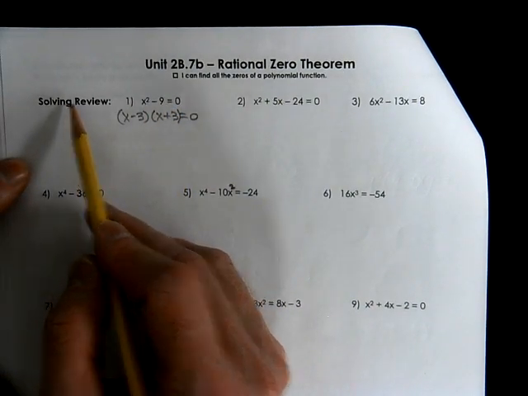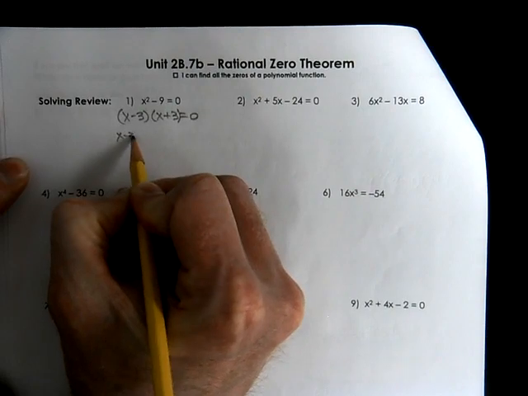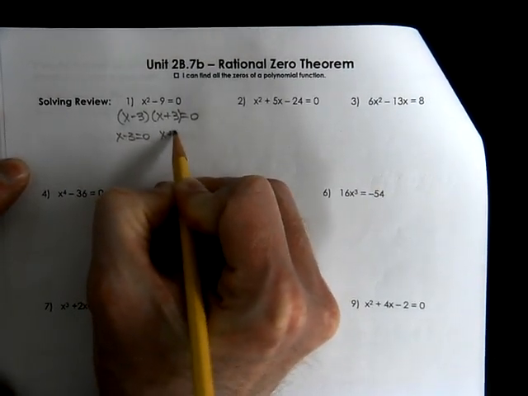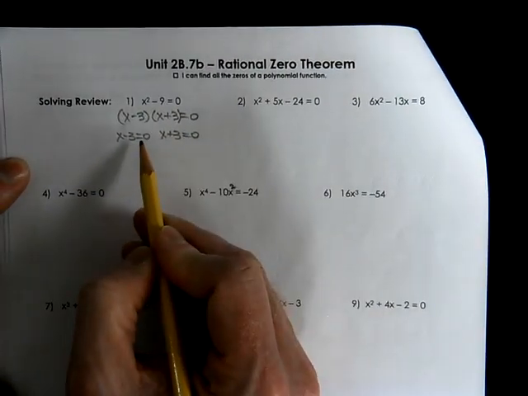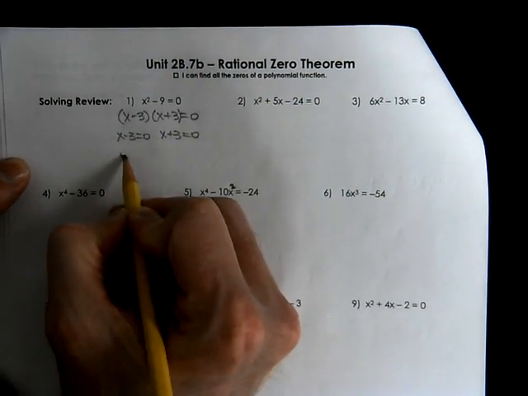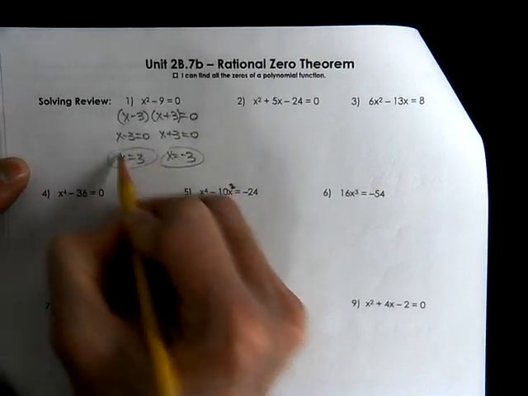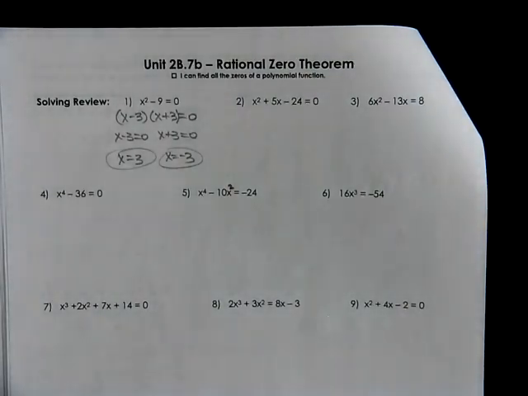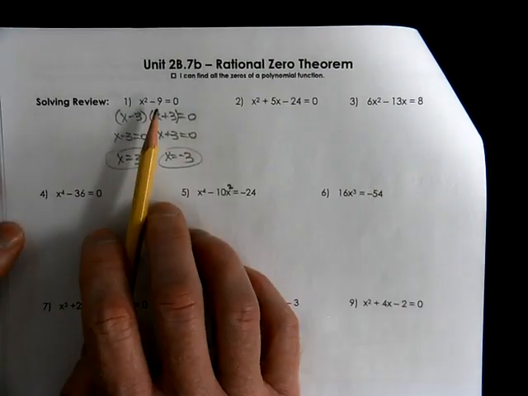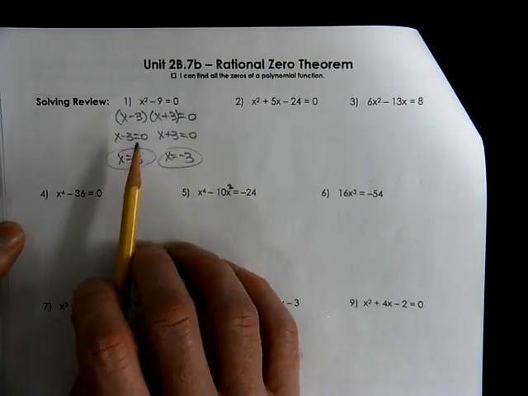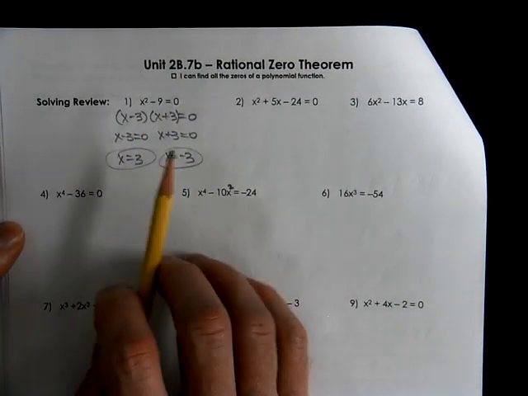We're trying to solve. So x minus 3 equals 0. x plus 3 equals 0. This is called the zero product property. And we get our two answers. These would be where this parabola would cross the x-axis, at 3 and negative 3.